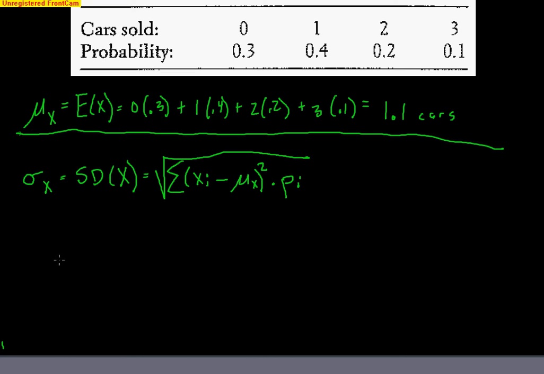So I'm going to start the process, and I'm going to take 0, that's my first option, minus the mean, 1.1, squared times its probability, 0.3.